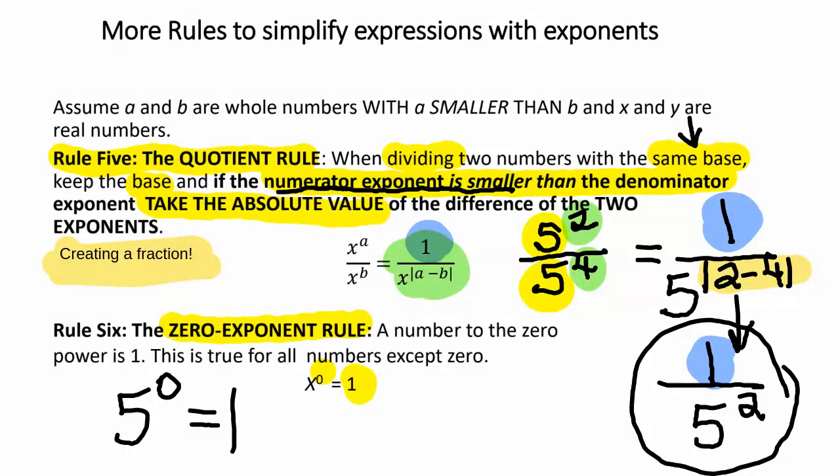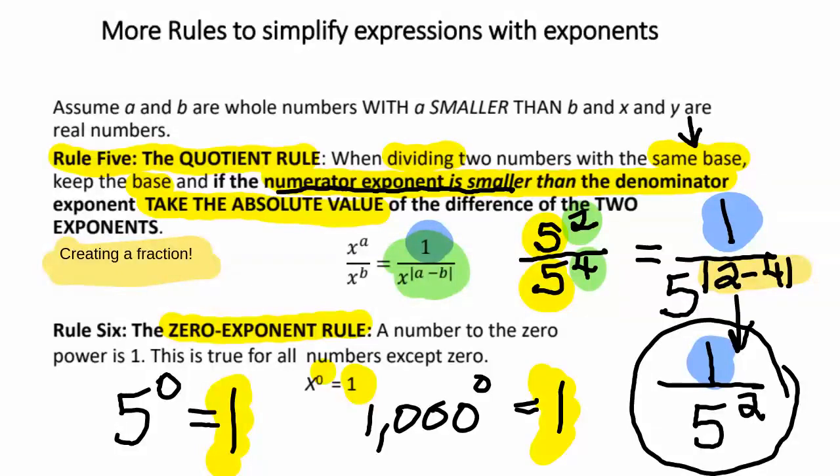If I have 1,000 to the 0 power, it equals 1. Now, something to be aware of: this number 1, in some cases, is not written but understood, that n to the 0 power is 1.